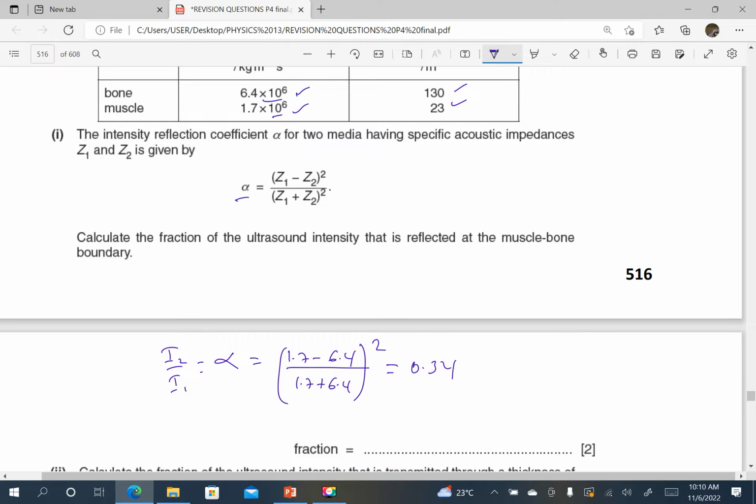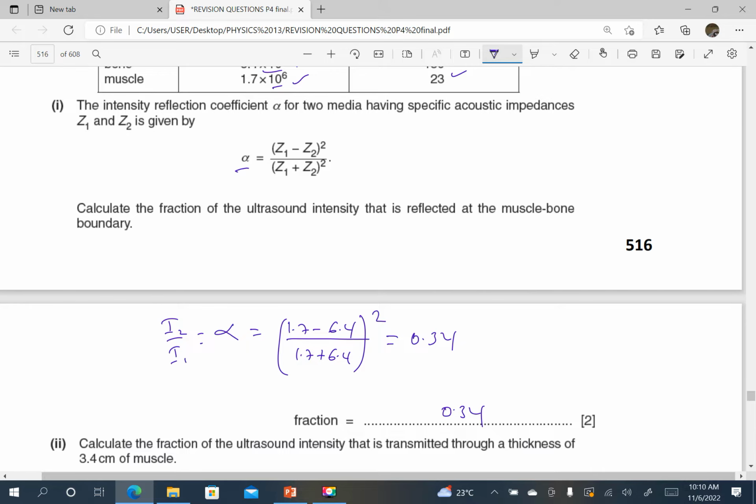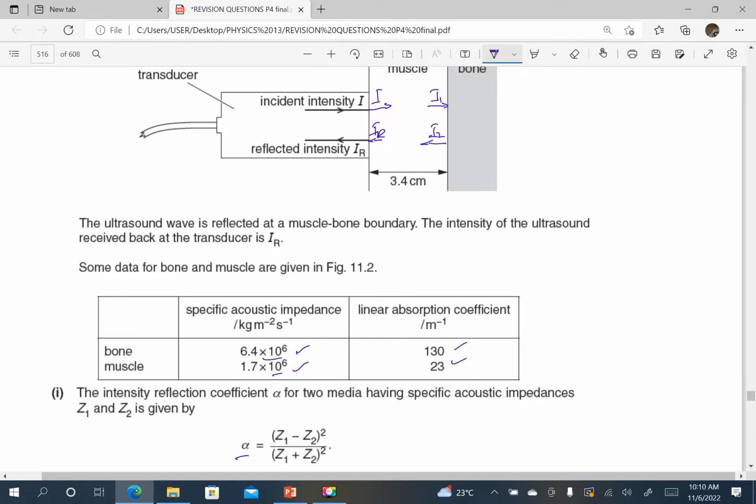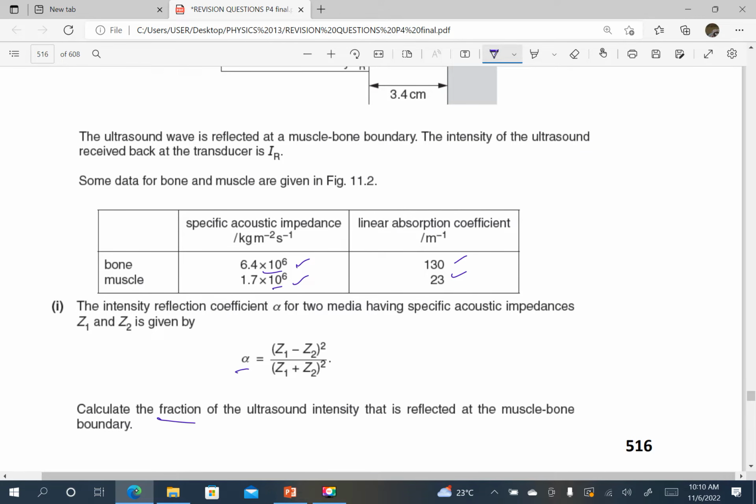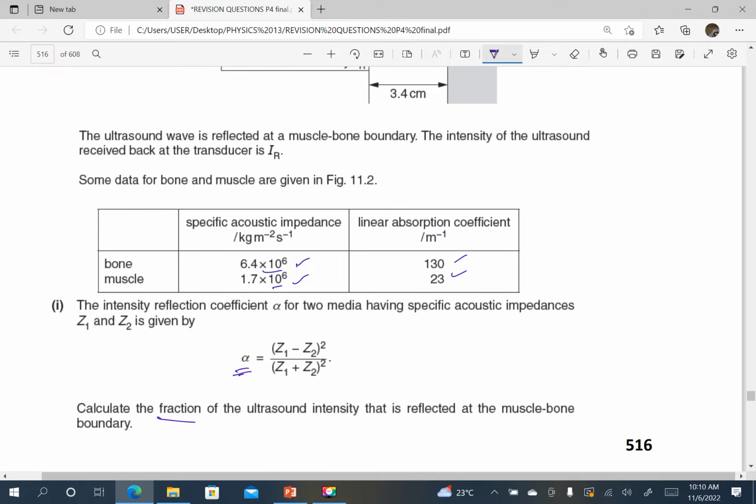The fraction of the intensity that is reflected at the muscle-bone boundary is 0.34. That is I2 over I1. Remember, I2 is what leaves the boundary and I1 is what arrives at the boundary. The ratio I2 over I1 is what we want, and that ratio is given by the intensity reflection coefficient, alpha.